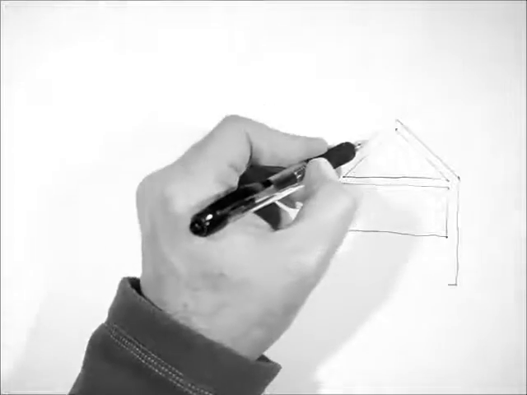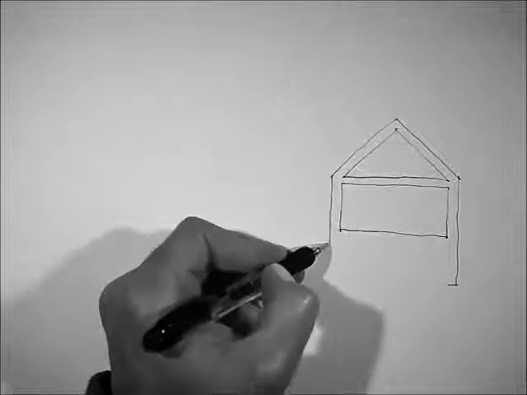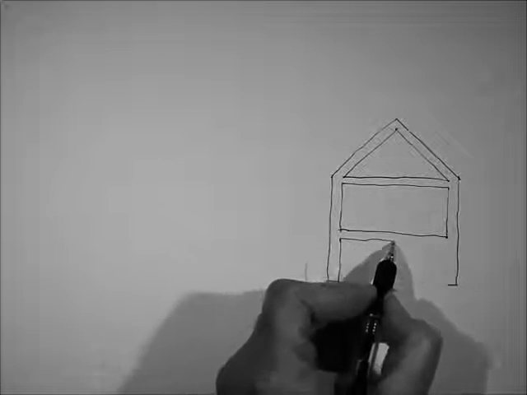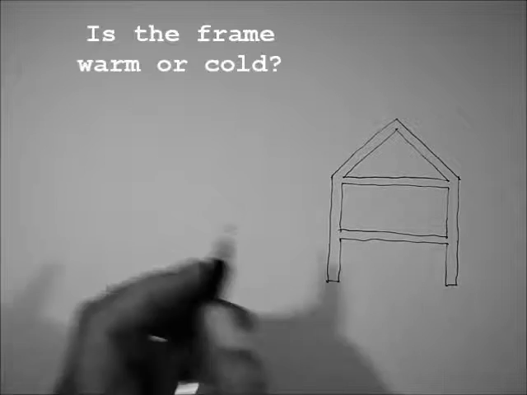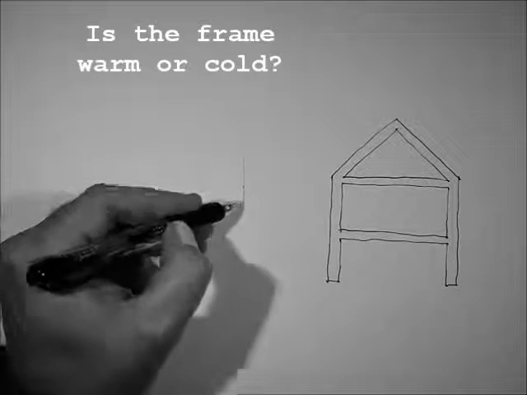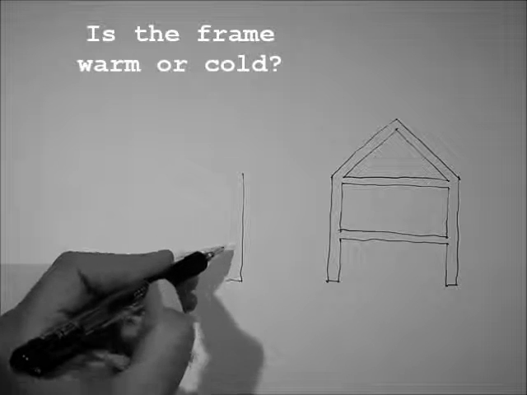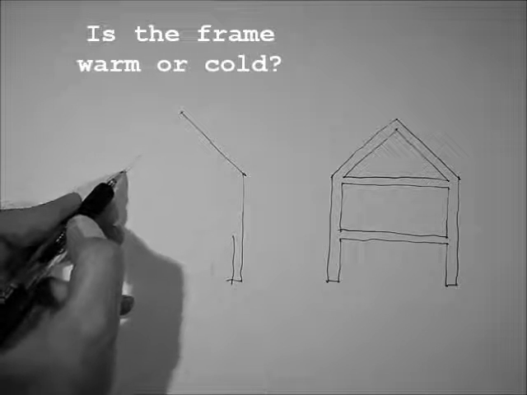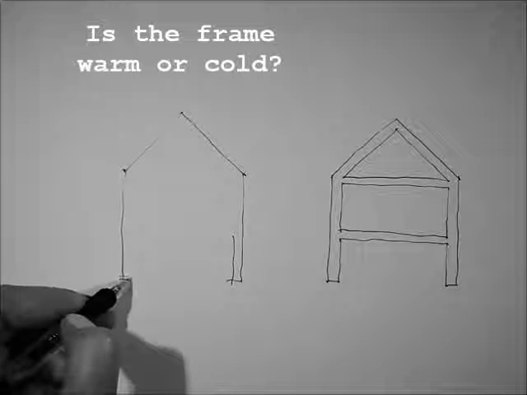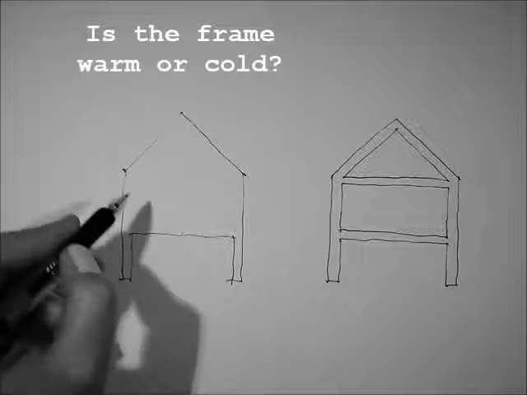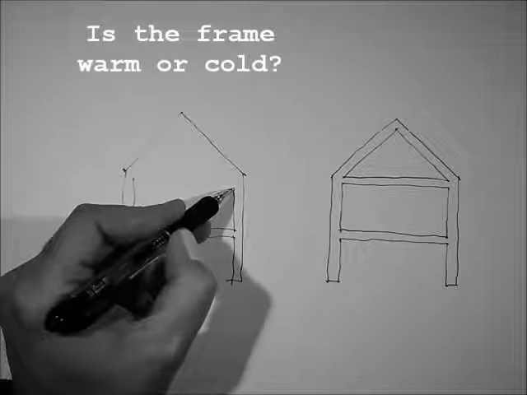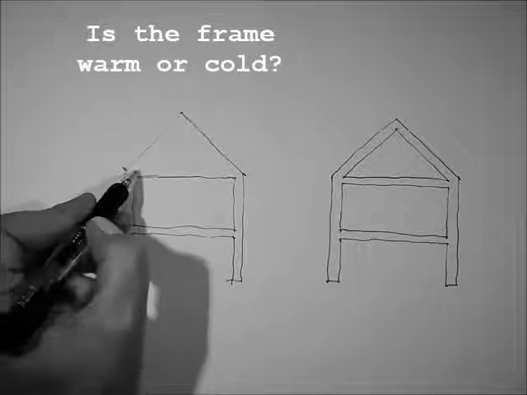And in this film we're going to consider whether the frame of a building is warm or cold. So I'm drawing two simple sections through an identical building to show you the difference in having a warm or a cold frame.